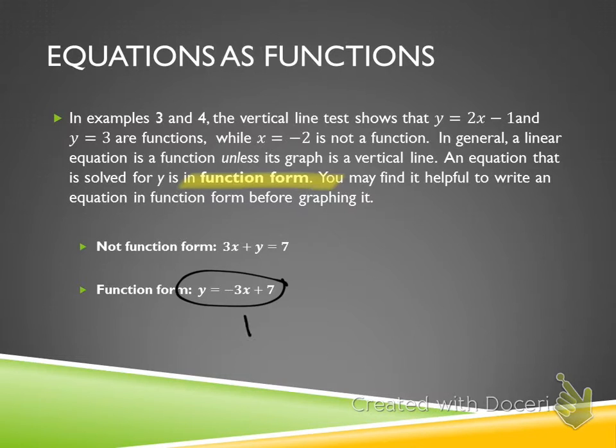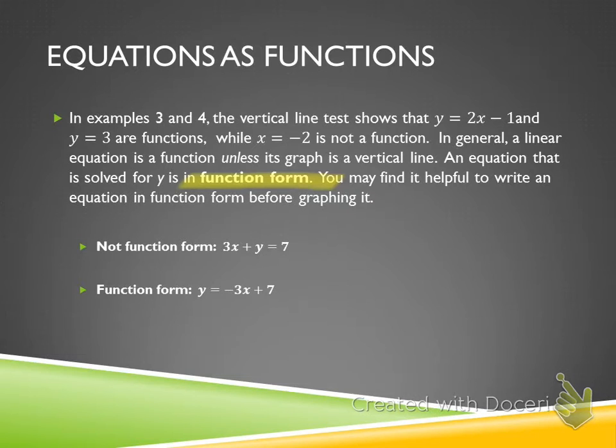And then my x value always comes first, and then my number that stands alone. In 8.3, we're actually going to define this a little bit more in depth, but for now, you just need to know that function form is y by itself on the front part of the equation, then your x value, then your number that stands alone. Got it?